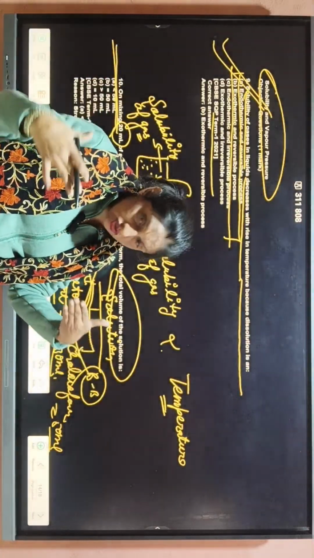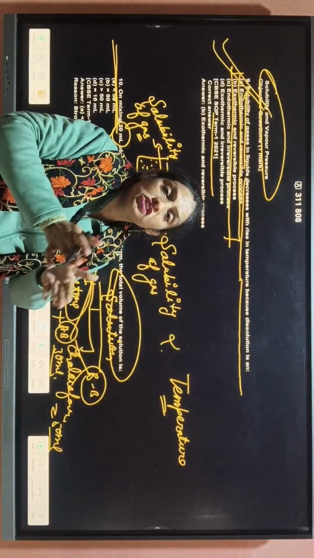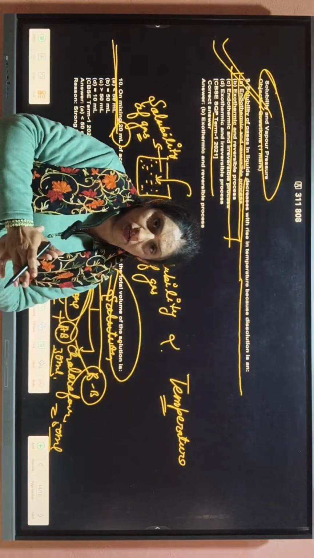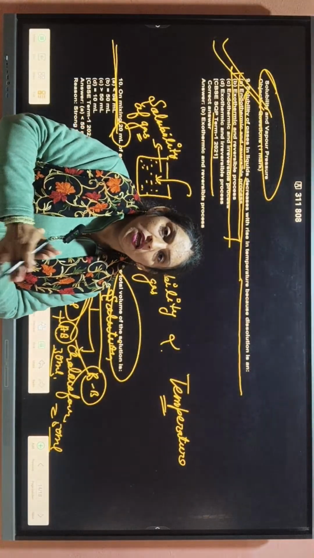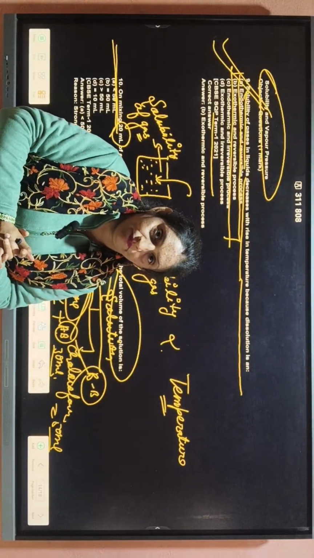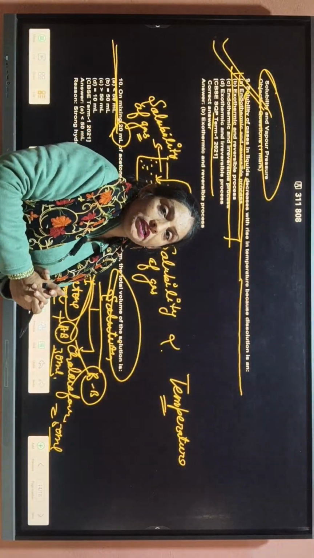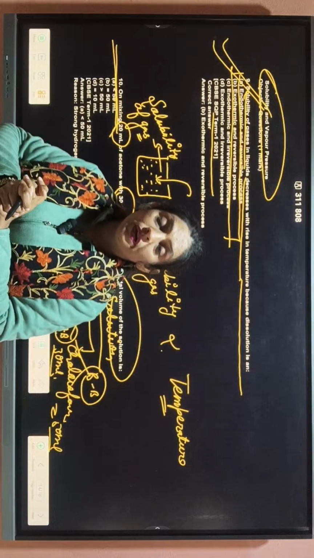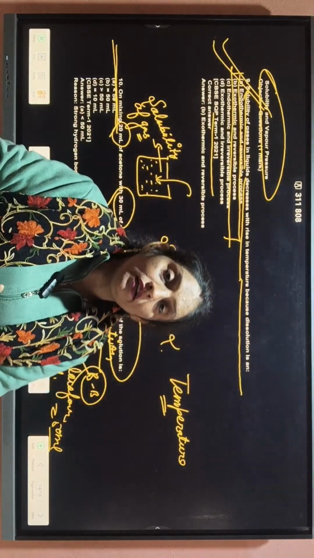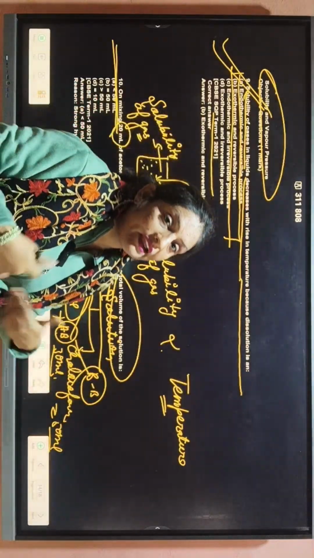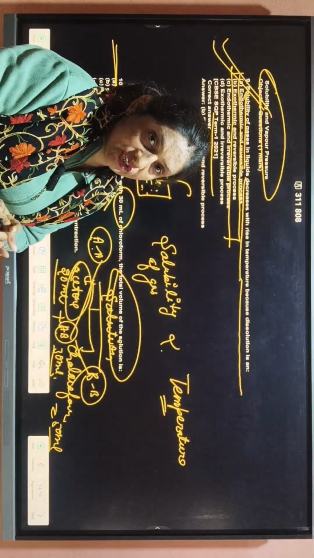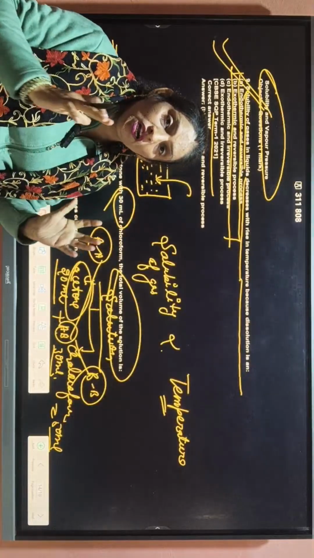And if interaction increases, their volume decreases. So their volume will be less than 50. Clear? If interaction becomes stronger, that type of deviation is known as negative deviation. Because they show negative deviation, their volume will decrease.